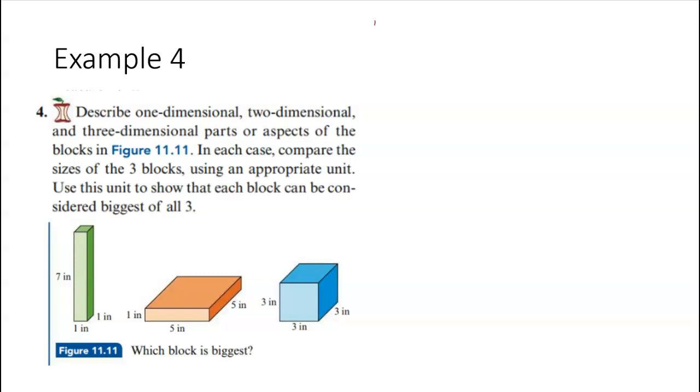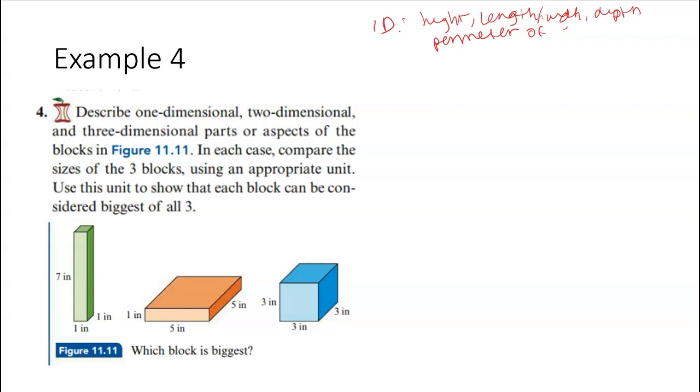All right, let's start with one-dimensional. That is going to be our height, our width, our depth, or the perimeter of one face. All of those are one-dimensional aspects. So height, length, or width, whatever language you want to use, depth, and perimeter. These are all examples of one-dimensional.